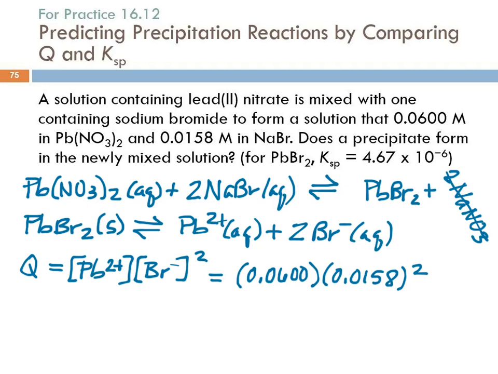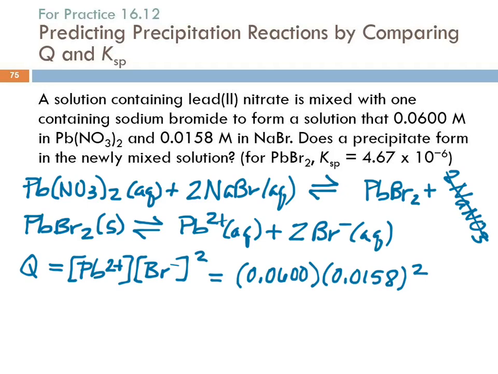Calculator now. So 0.06 times 0.0158 squared. Yes. Thank you. I'm glad you're paying attention. That was a test to see if you're paying attention.